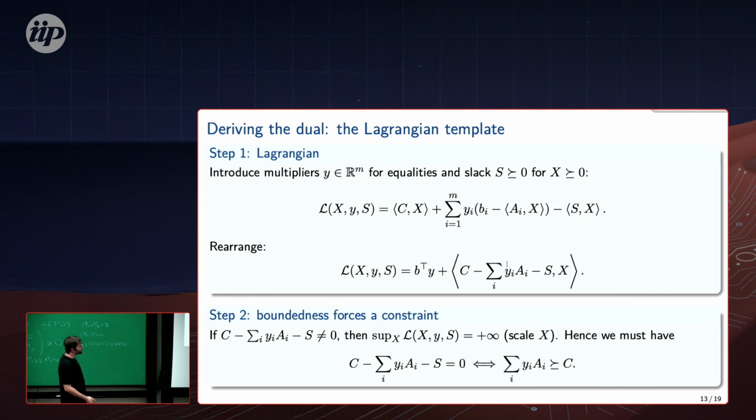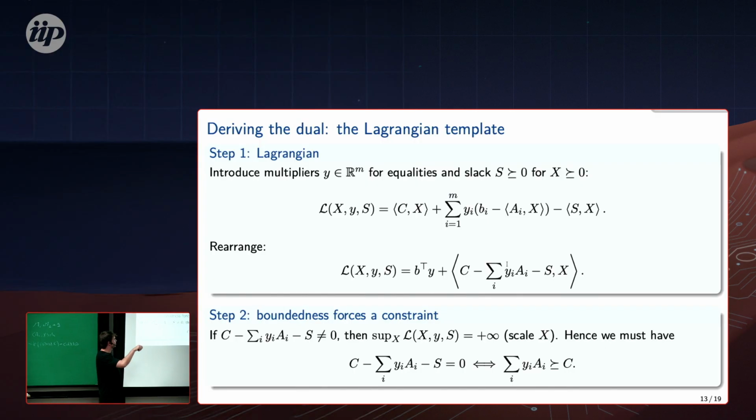And if you look closely at what this Lagrange multiplier function looks like, you can rearrange it like this. It's going to be b transpose y, and then you have the scalar product of C minus sum of y_i times these matrices A_i, and this is all just linearity.